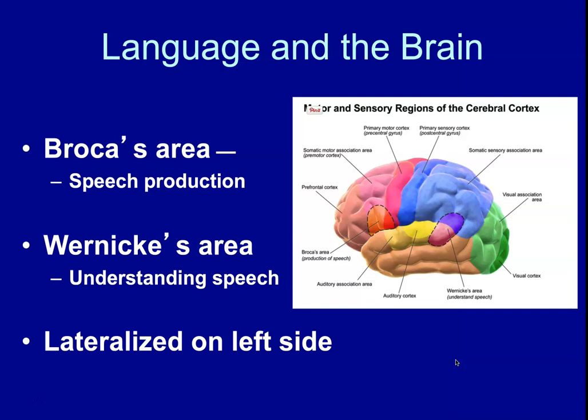In other words, they control the opposite side of the body, the motor movements or the sensory information that's coming in from the opposite side. And speech is this way too. For most everyone, it's lateralized to the left side. So you have the speech production area and the speech understanding area being on the left. For a small fraction of people, it's on the right or bilateral. But for most everyone, it's just on the left.